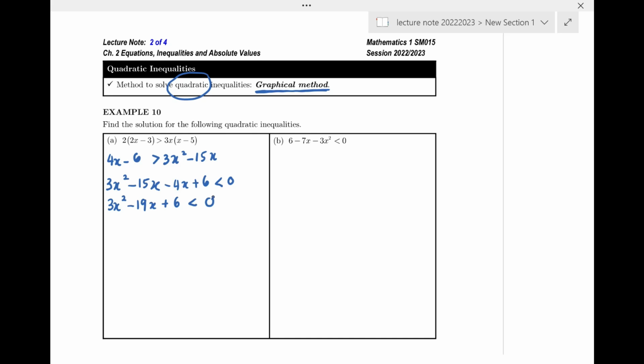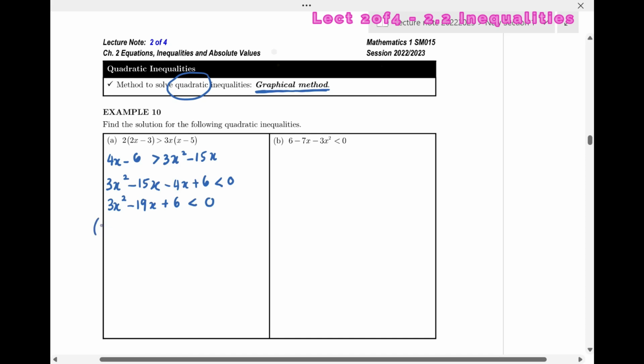Okay, so now we have the positive quadratic expression on the left side. So what we do next is we factorize the quadratic expression. So we have here 3x minus 1 and x minus 6, okay, less than 0.